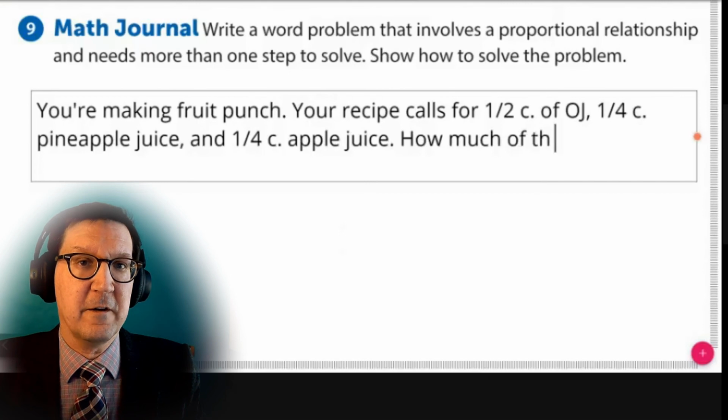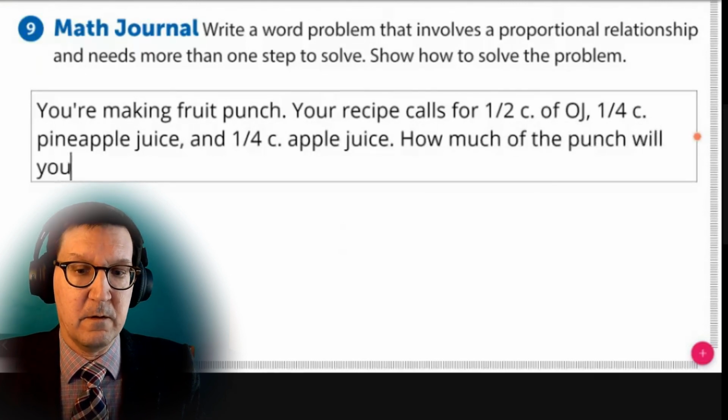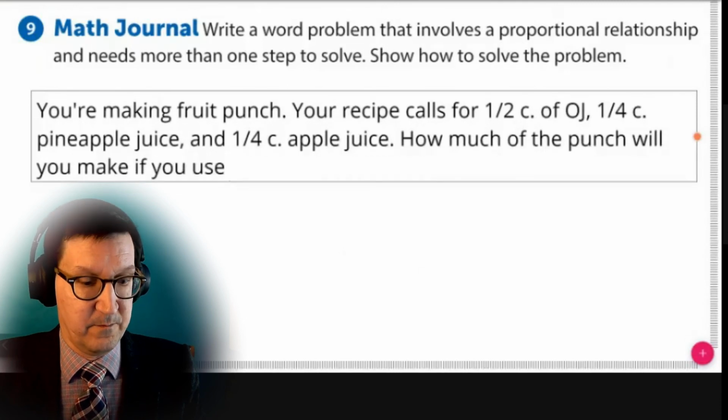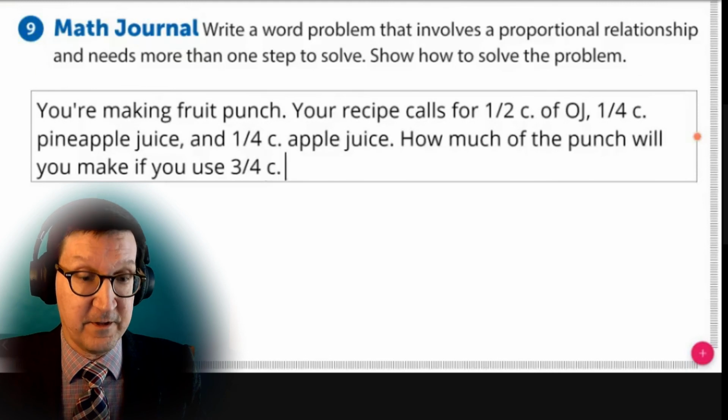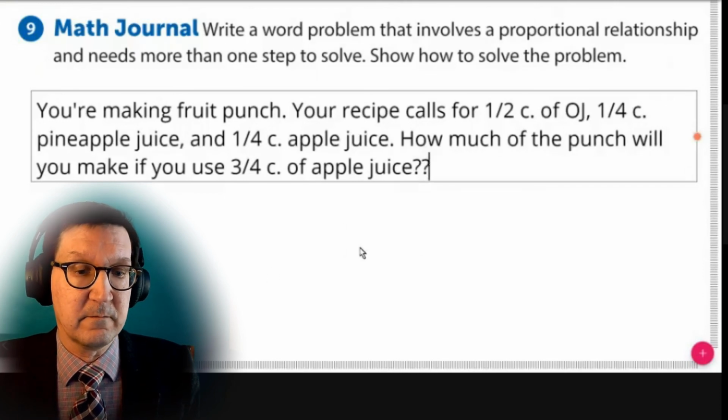How much of the punch will you make if you use 3/4 cup of apple juice? There we go.